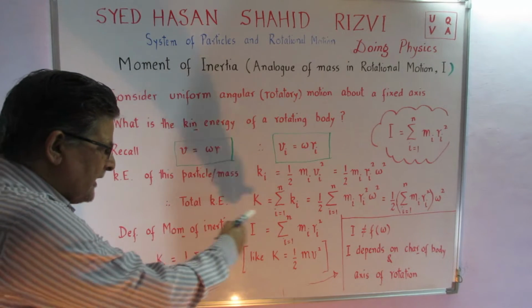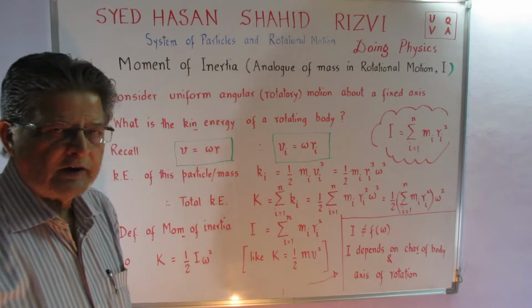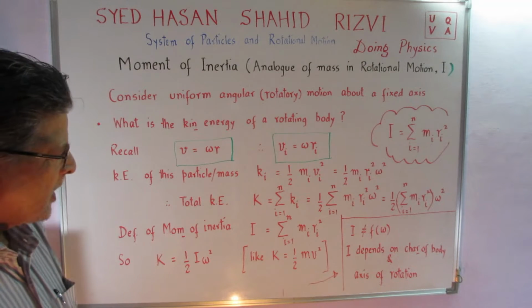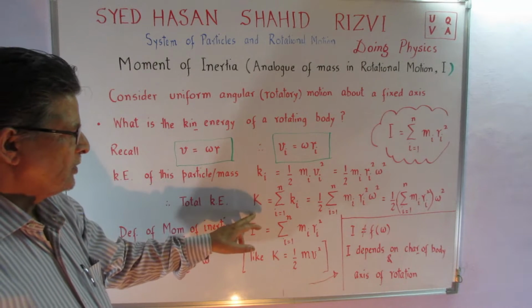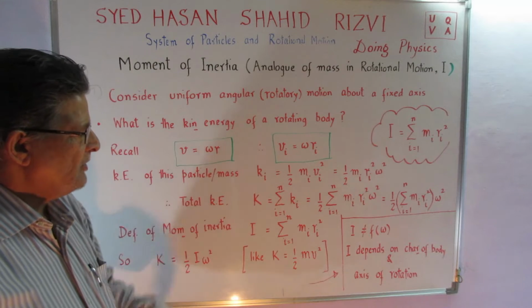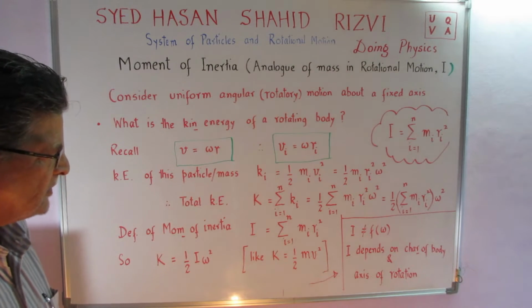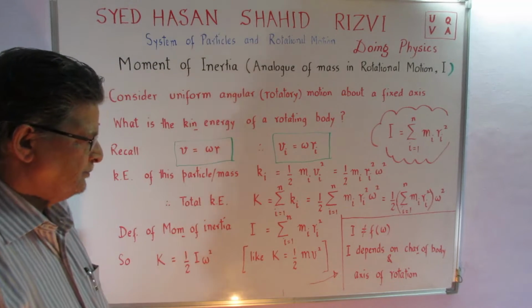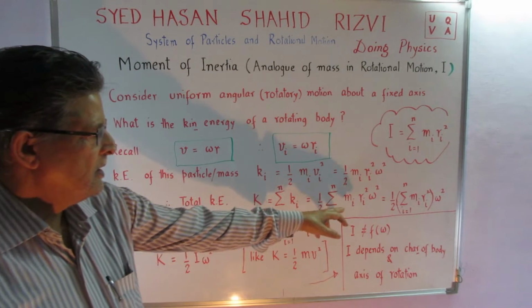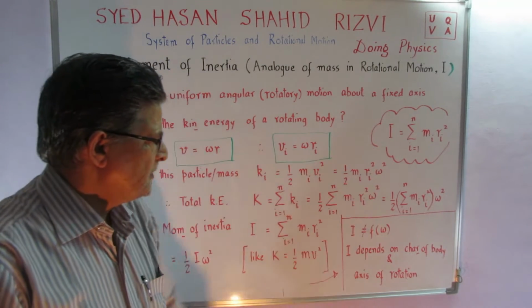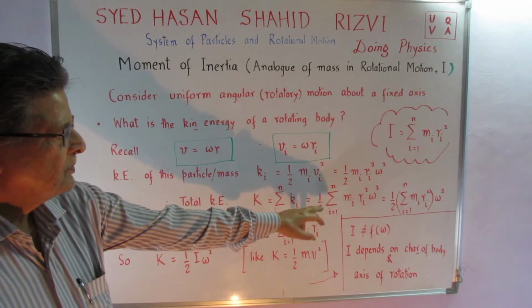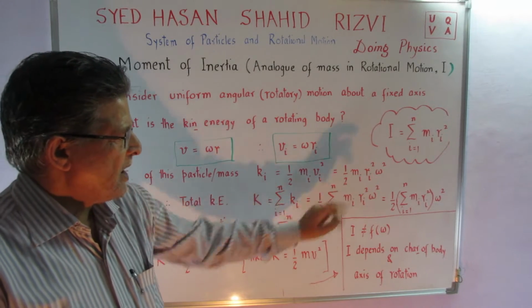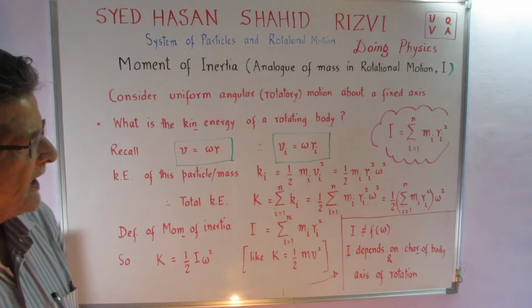And therefore, the total kinetic energy of the system of particles that we are dealing with will turn out to be equal to the summation of all these particles from i is equal to 1 to n Ki, which I am obliged to write here as half summation mi Ri square omega square.